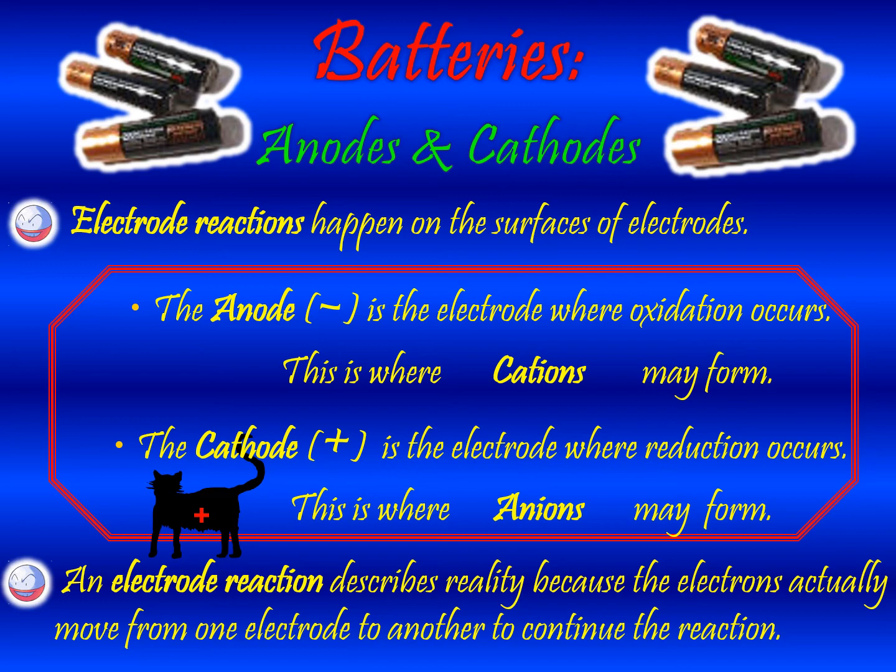Like charges repel, so electrons are repelled from the anode. An electrode reaction describes reality because the electrons actually move from one electrode to another to continue the reaction. You really can't have just one part of the reaction without the other, but the connection they have is with the flowing electrons that can be used in the meantime to run an electrical current. Got it?